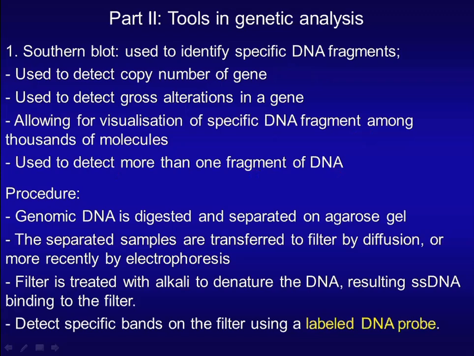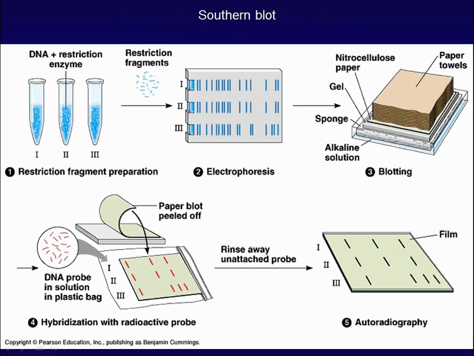Procedures for Southern blot can be better illustrated in the next slide. DNA samples are digested with a restriction enzyme. Digested DNA samples are separated on an agarose gel. Separated samples are transferred to a filter by diffusion.